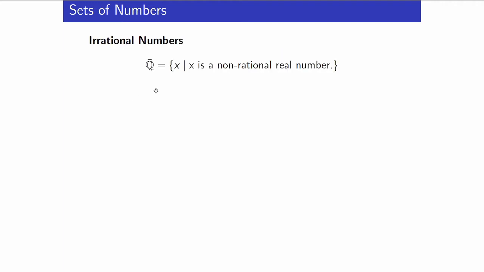Okay, so now we have irrational numbers. So what is an irrational number? An irrational number is something that can't be written as a rational number, right?